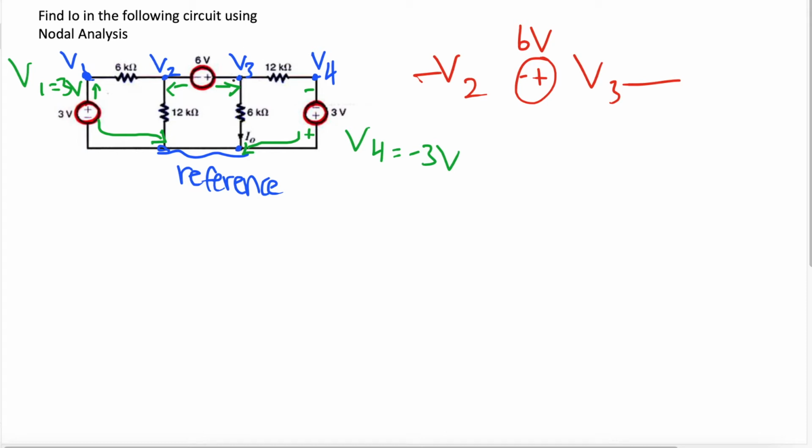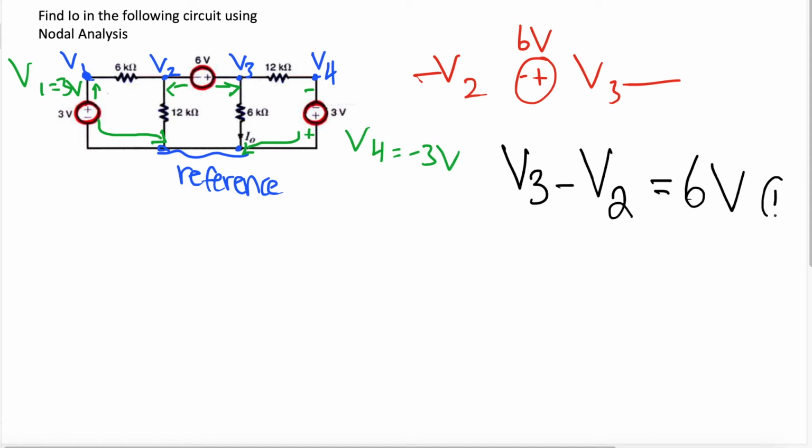The positive side always goes first, so we can do V3 minus V2 is equal to 6 volts. So we have one equation right here: V3 minus V2 equals 6 volts.